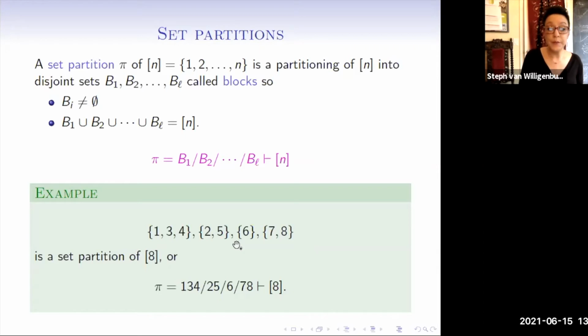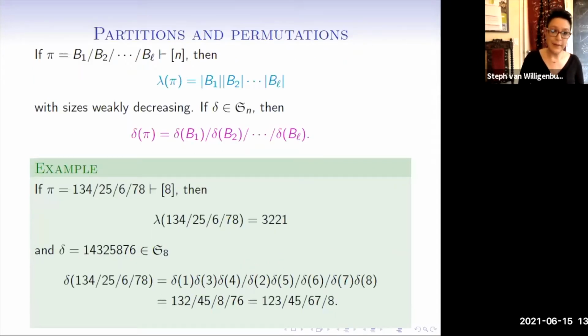And what we're going to do is simplify our notation. We're just going to drop these braces, drop those commas, and write our sets 134 | 25 | 6 | 78. Then with this in mind, given your favorite set partition pi, we say that lambda of pi is just going to be all of the various block sizes written in weakly decreasing order.